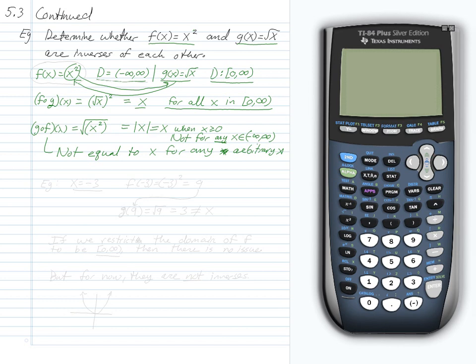Now, mathematicians like to use the word any interchangeably with the word all. So there are x values for which this is not true. Let's take a look at that. If it does not work for one x value, then these are not inverses.